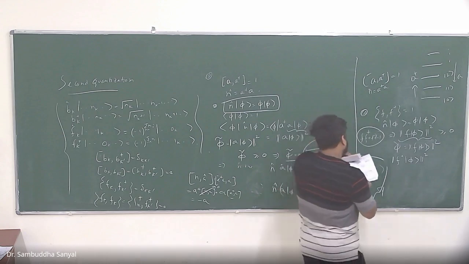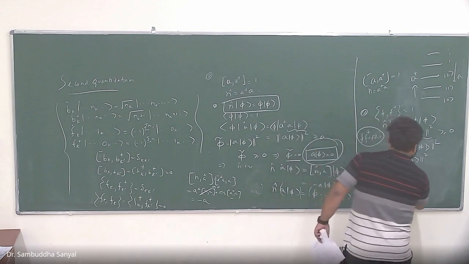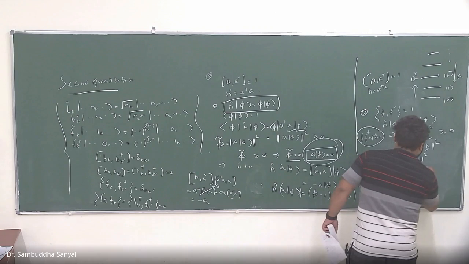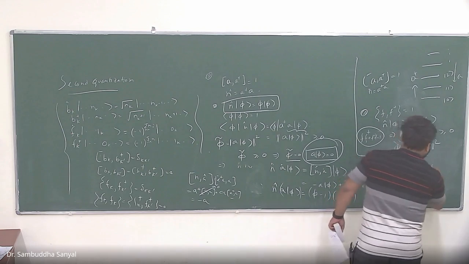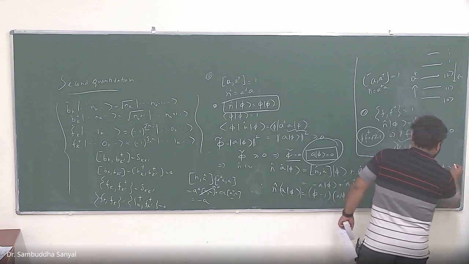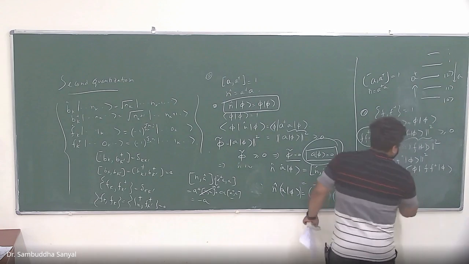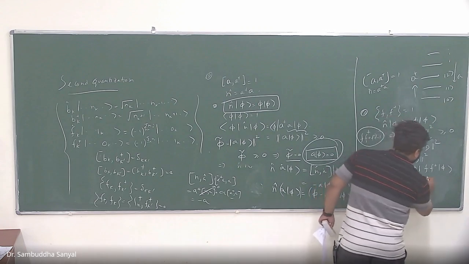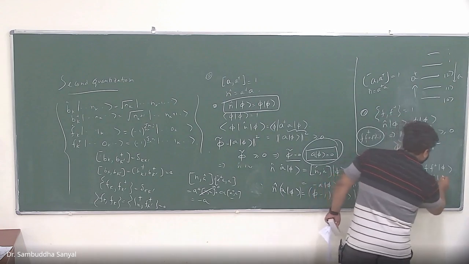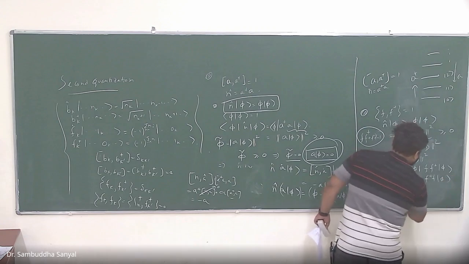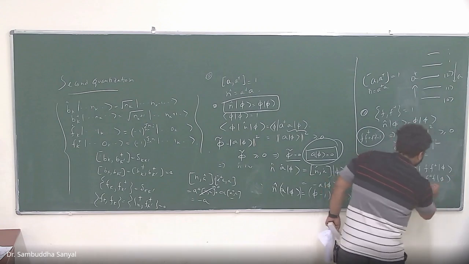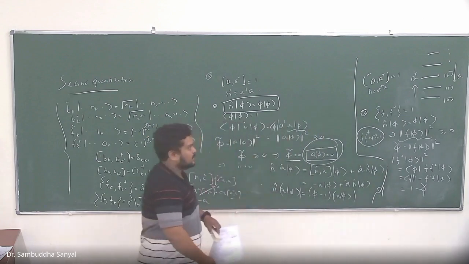Okay. So this is basically phi f dagger, and this is basically 1 minus f dagger f phi. So that is 1 minus phi tilde. Okay.